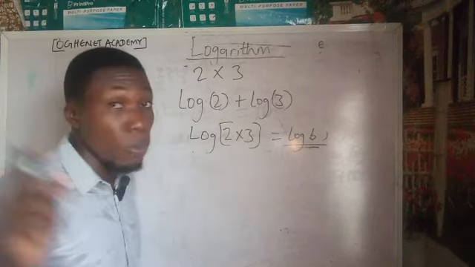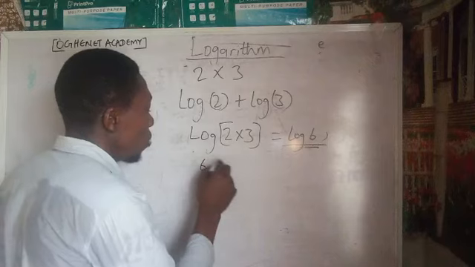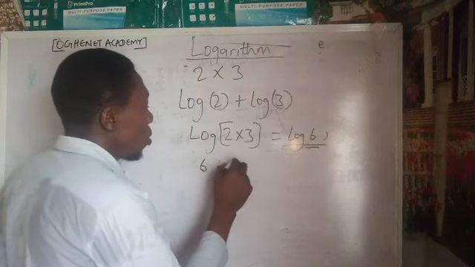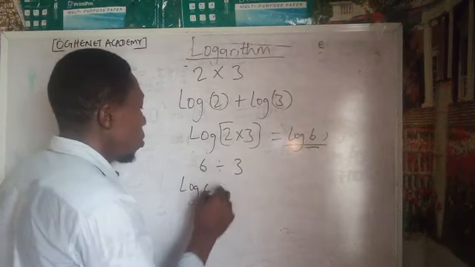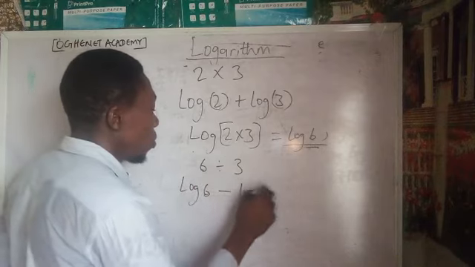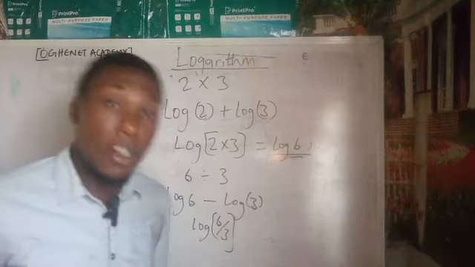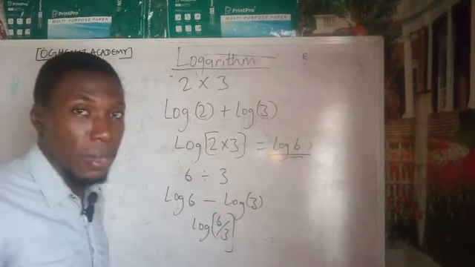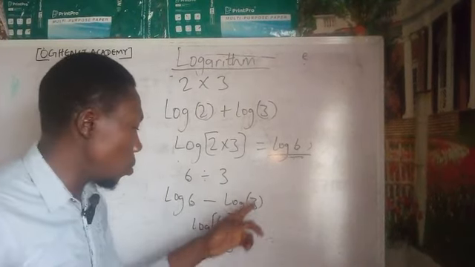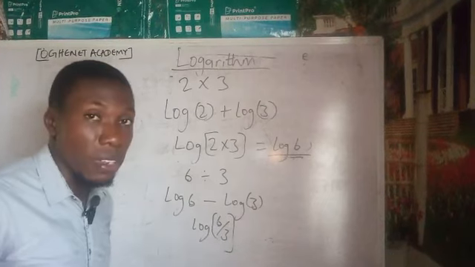Now if you want to do subtraction, let's say 6 divided by 3, that will be log 6 minus log 3. So like I was saying, when you subtract this number, log 6 minus log 3, you are going to get what? Log 6 over 3.